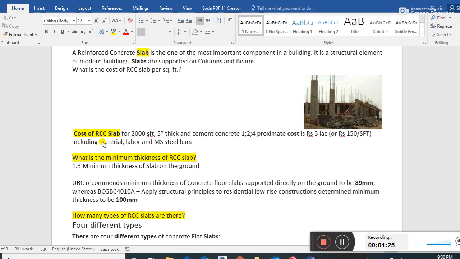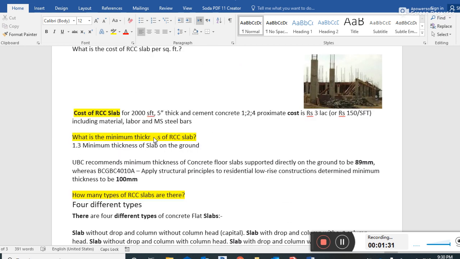Here is the cost of RCC slab. Guys, the cost of RCC slab for 2000 square feet, for a thickness of 5" and a concrete ratio of 1:4, the approximate cost is 3 lakhs, or 150 per square feet the unit cost, for 2000 square feet for 5" thickness of the slab.